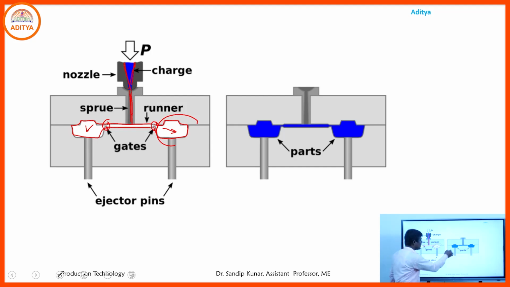The blue color shows the fill-up of the molten metal. That is the final produced part, the cast product, the solidified product.